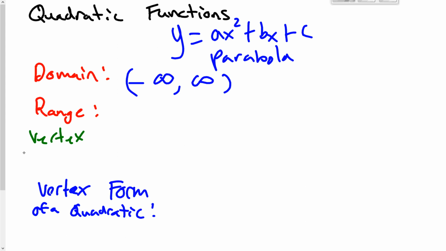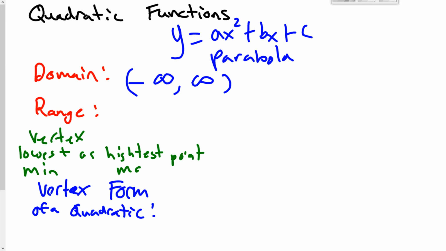So lowest would be minimum, and highest would be maximum. So like this would be our vertex as a minimum, and then a maximum would be this as the highest point.